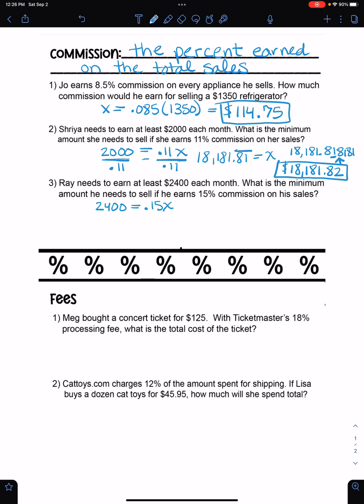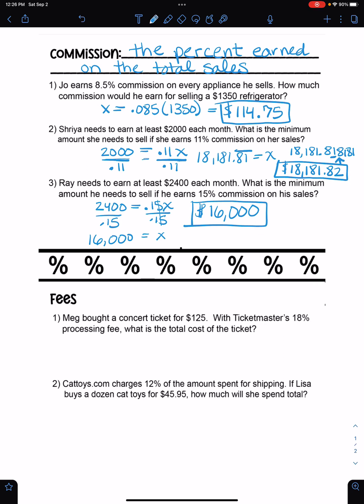We don't know the sales, so let's divide both sides by 0.15. I'm going to use my calculator. 2,400 divided by 0.15 is exactly 16,000, so I didn't even have to round off on that. This makes a 1, right? And then this is what happened when I divided in my calculator. So here's the answer.